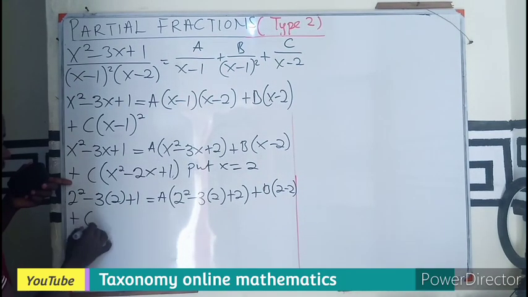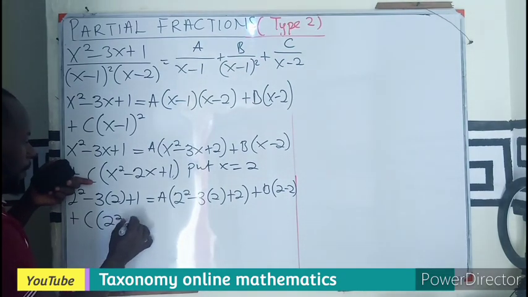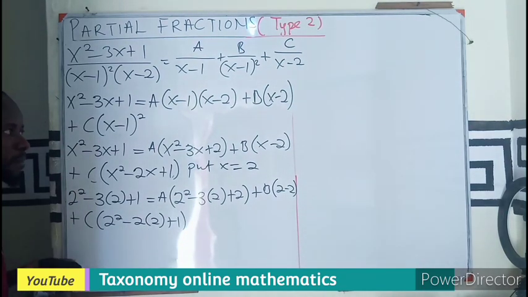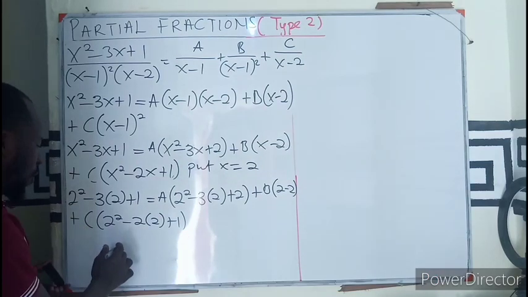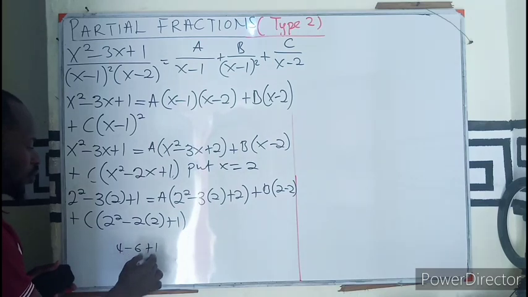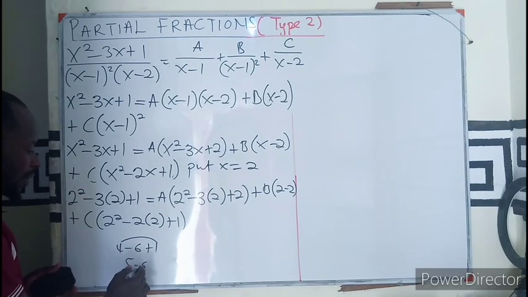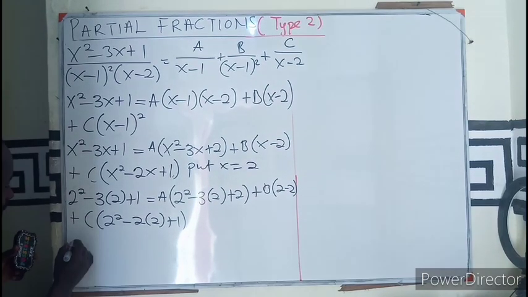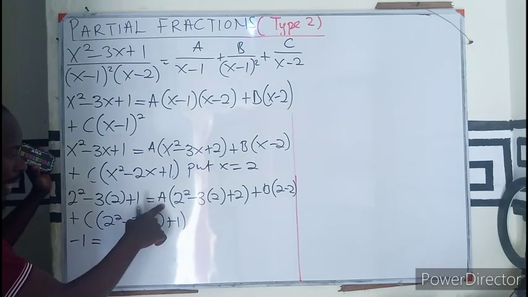Don't forget we have c here, which is also going to be 2 minus 1 all squared. Can we solve this? If you have 2 squared, I believe you get 4. 3 times 2 is 6, minus 6, plus 1. If we add this, we get 5 minus 6, which is minus 1. So the left hand side will only be minus 1 equals a will be there.